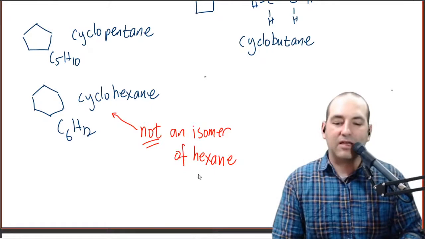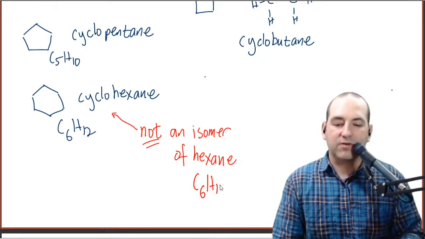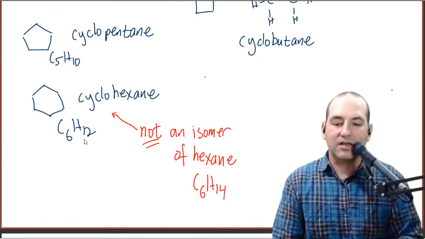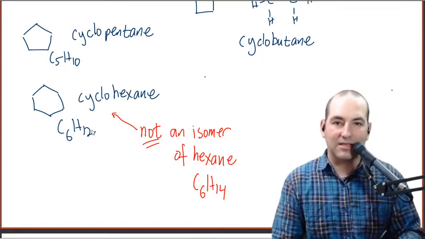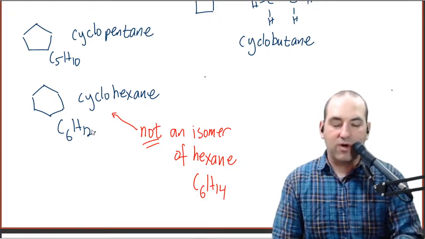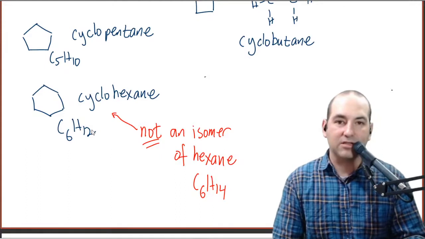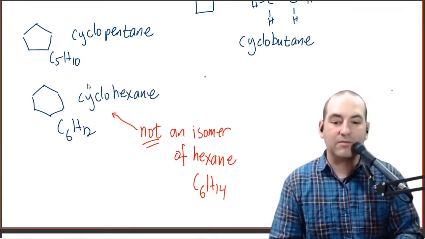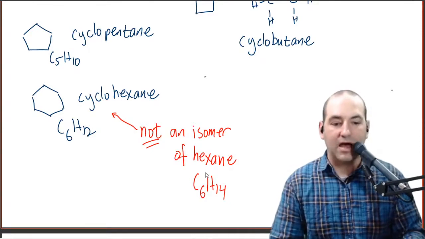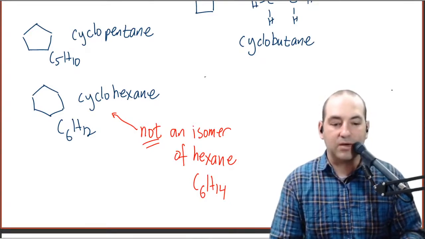But remember, hexane was C6H14. Cyclohexane is C6H12. And the definition of isomers is they have to have the same molecular formula. So if one of them has 12 hydrogens and the other one has 14 hydrogens, those are not isomers. Those are unrelated molecules. Even though they have the same name, they're not isomers. They're not really related, except that they have the same number of carbons.